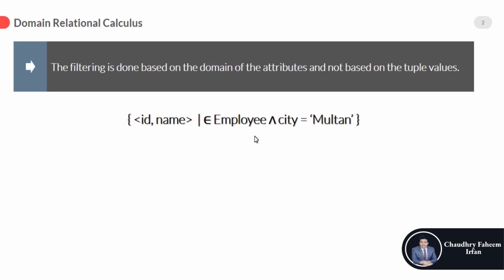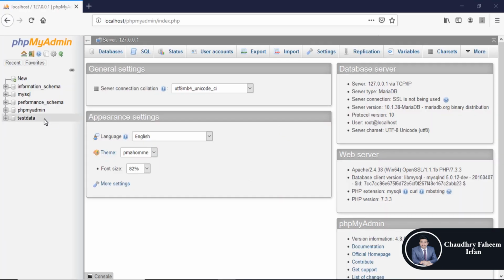Like here is the existential operator. Here is the belongs operator, belongs to employee, but we can also use existential and universal quantifiers and or not operators. So now we are going toward the implementation of this lecture.